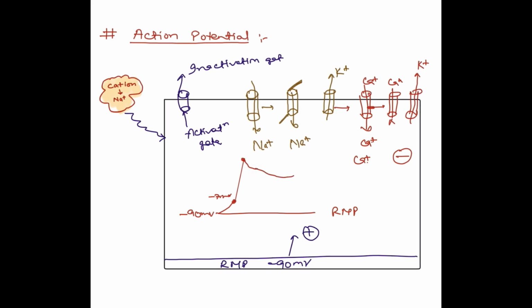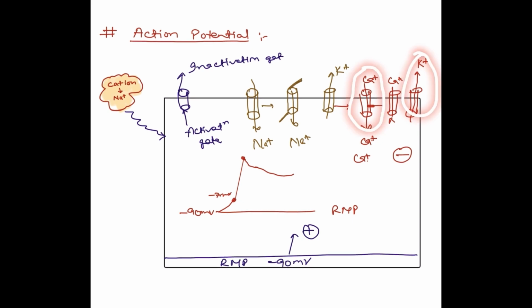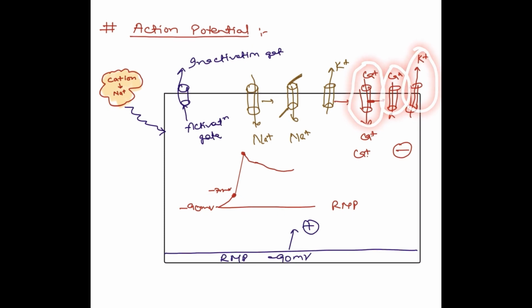The plateau phase comes with the equilibrium of the calcium influx and potassium efflux. When the calcium channel blocks and potassium effluxes outside, the cell again moves towards the resting membrane potential.